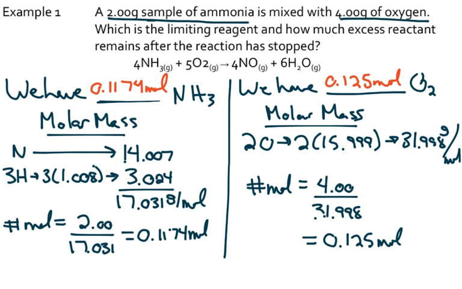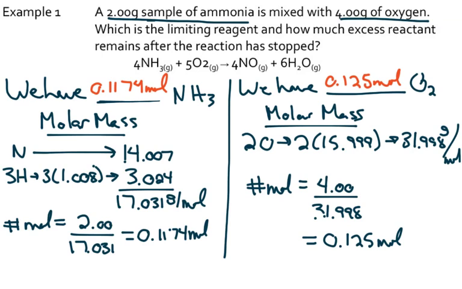Now, this is not enough information to tell us which is the limiting and which is the excess reagent. Oftentimes, people look at this and say, oh, we have more oxygen, so ammonia must be the limiting reagent. That's not necessarily true. If we had 8 car bodies and 12 tires, oh, the car bodies must be the limiting reagent.